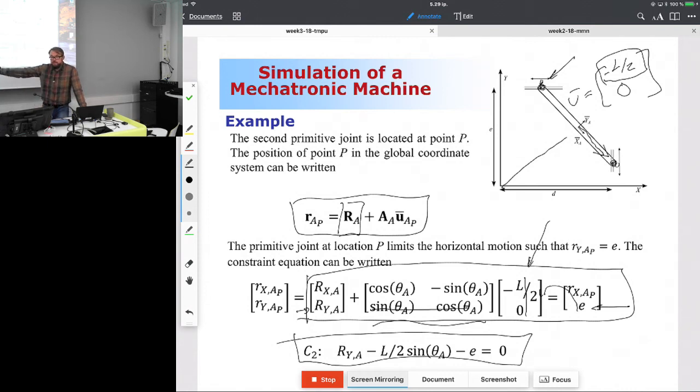So I'm not going to go the positive direction. I need to go this direction. I don't want to go there, but I want to go here. How can I go there? Minus L divided by 2. Okay. So, clear. That's a simple primitive joint.